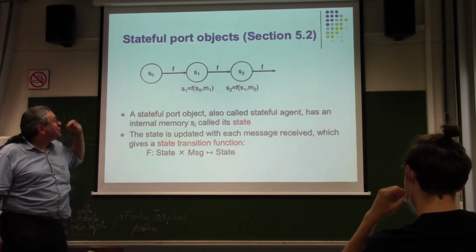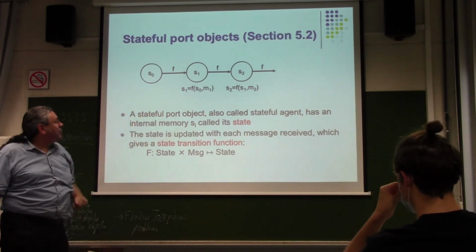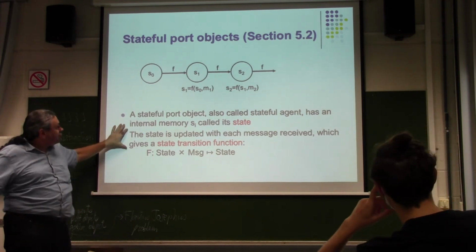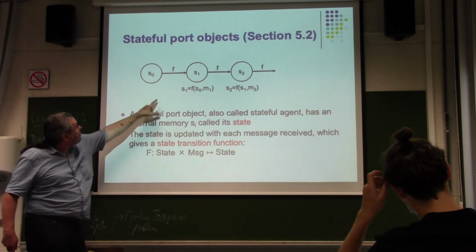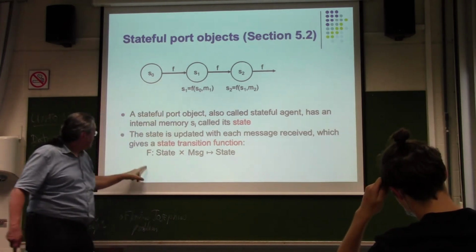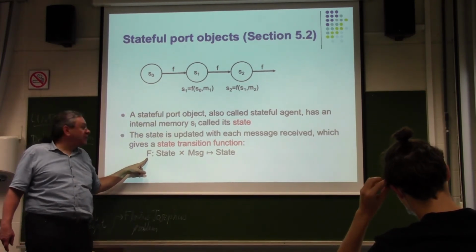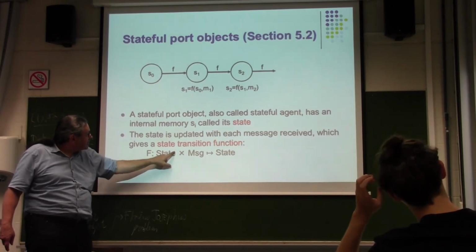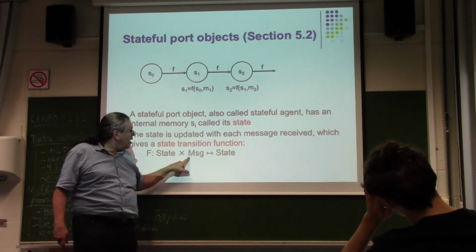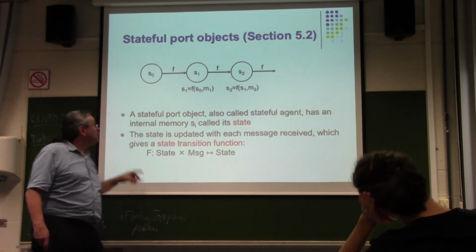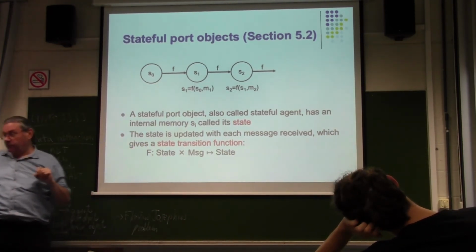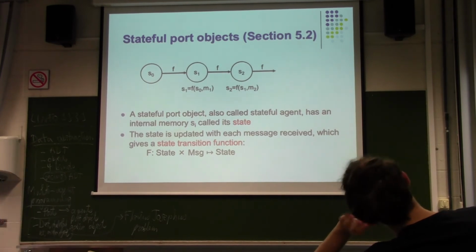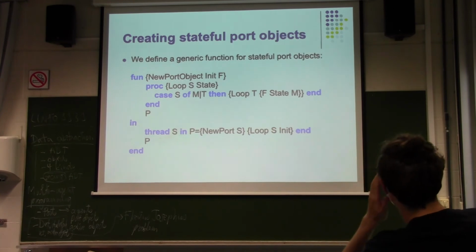I can send messages to this, and with each message received, the state will be updated, and there's this function which defines it, called the state transition function. It takes the state and the message, and it returns a new state. So the whole behavior of this thing is defined by this function, f. Okay? Okay, so you can create these pretty easily.